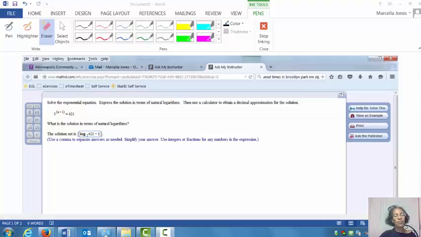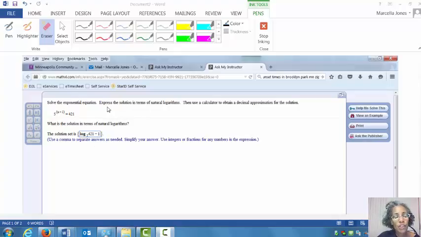All right, so if you had just been asked to solve this equation with no other specifications given as to how to solve it, this would be a correct answer.